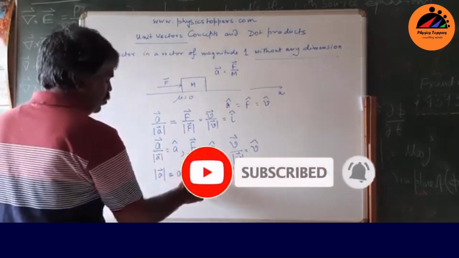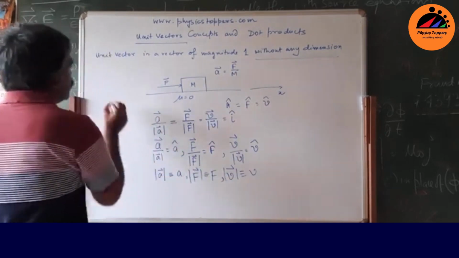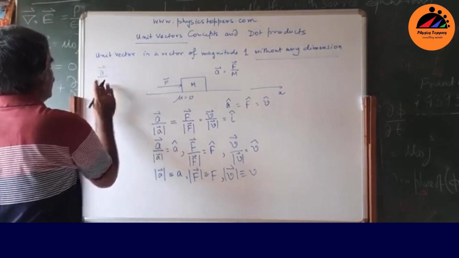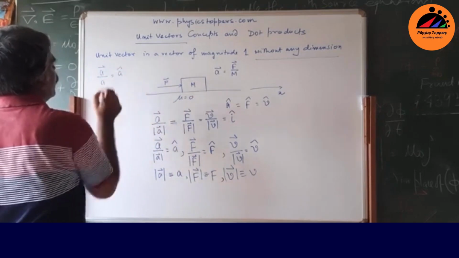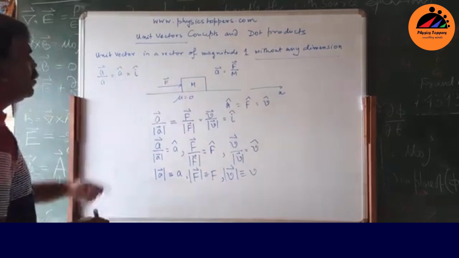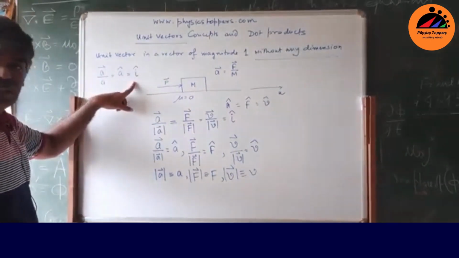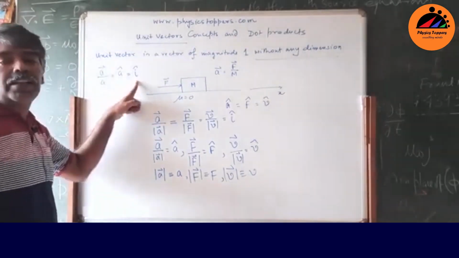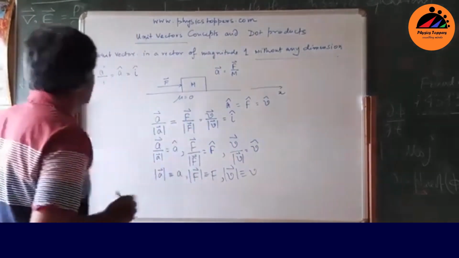Now if I consider this equation, a vector by modulus of a, which I can write as a, is a hat. This is also i hat. i means the unit vector along x direction. This is a standard notation. Unit vector along x is i cap, unit vector along y is j cap, and unit vector along z is k cap. That's standard notation.